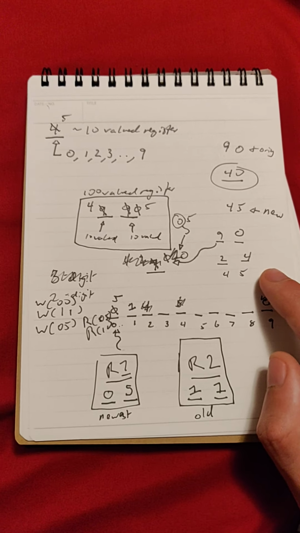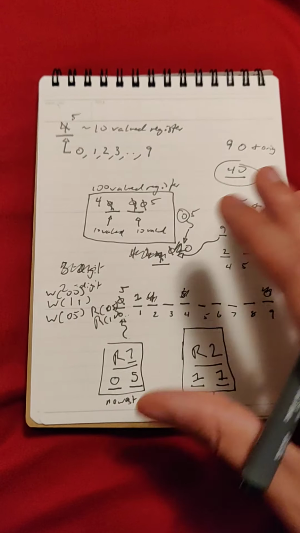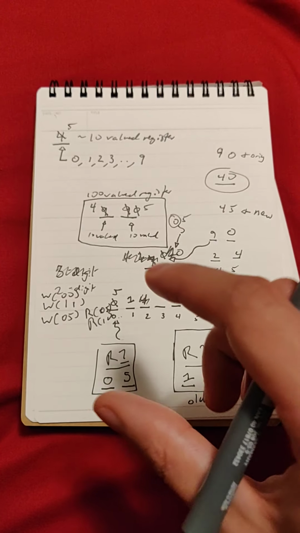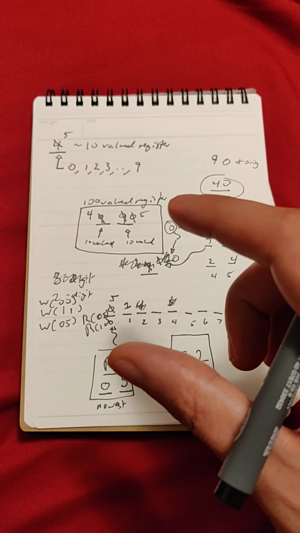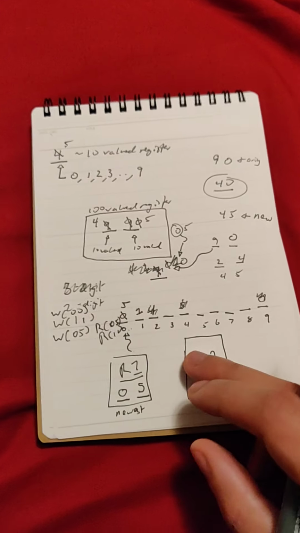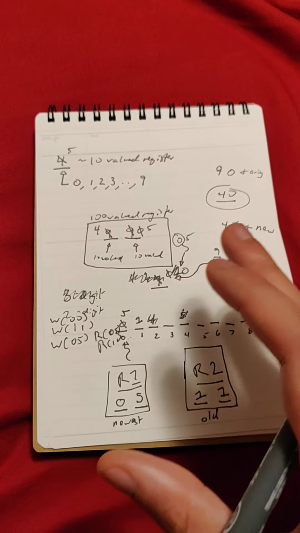No matter how you decide to put together your values, if you try to read just 2 digits to read 0 to 99, any 2-digit value, then you're going to run into problems.